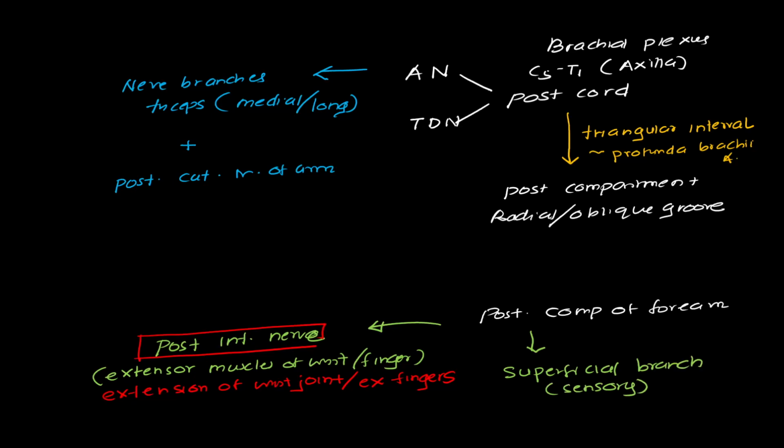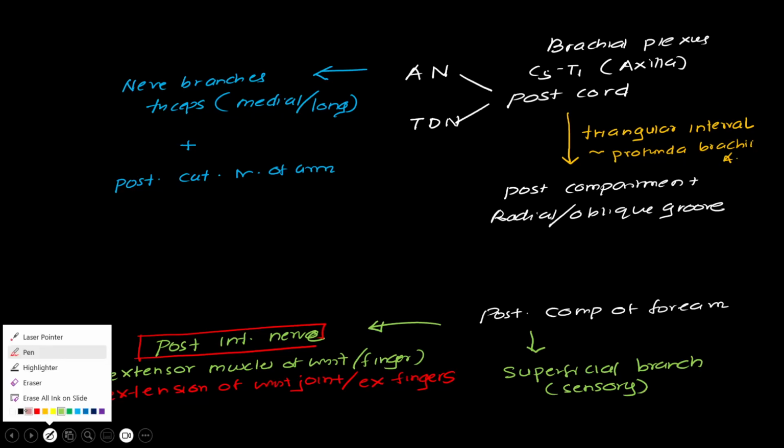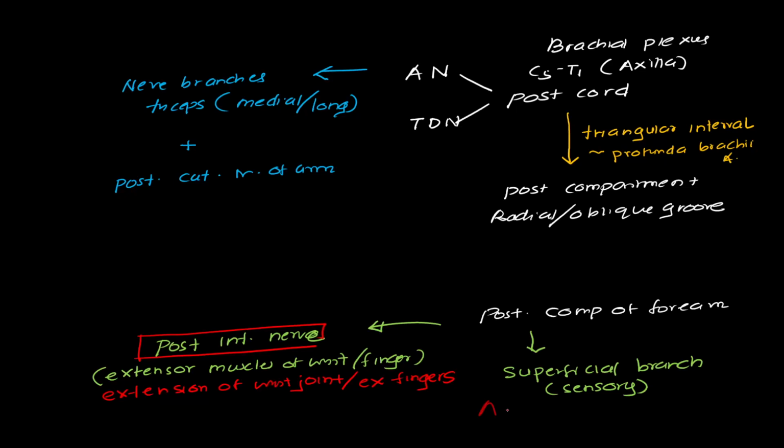It passes in a superficial manner, goes through the anatomical snuff box, and finds its way to the dorsum of the hand, providing sensory innervation to that area. Dorsum of the hand. Right.